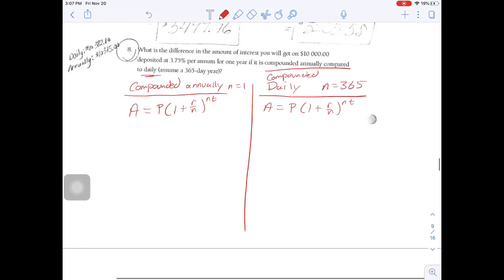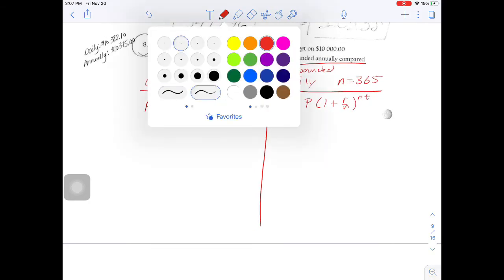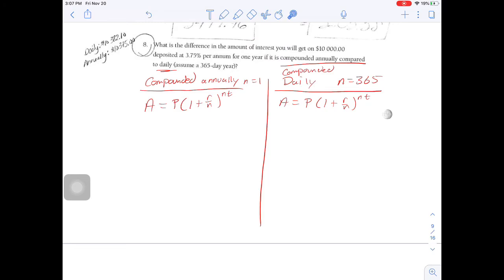Okay. In both cases, you have a few common values. How much are we investing? You're starting with $10,000. So P equals $10,000. R is your percent per annum. Remember, it has to be a decimal. So I'm going to take 3.75 and divide it by 100. That's going to give me 0.0375. And now over here it changes.